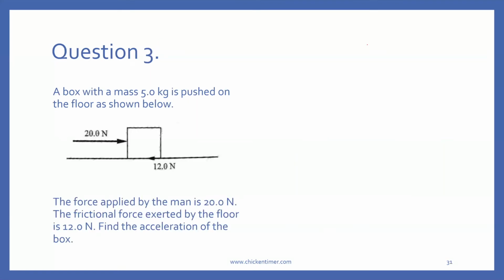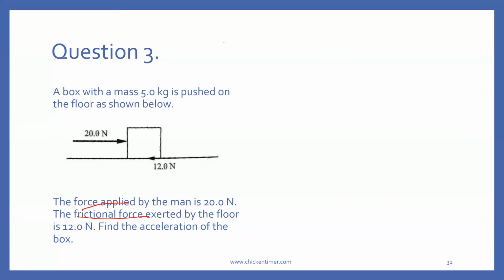This one is a calculation question. Now the question is bigger. You have to read the question, break down what information you have, write the formula that is required, and then the final answer. You cannot use F minus F equals to MA because applied force and frictional force are different forces. So one of them should be capital and one of them should be small letter to make sure that they are different.